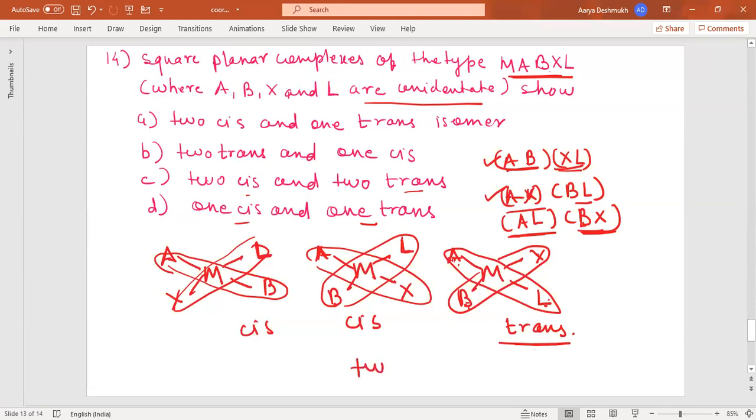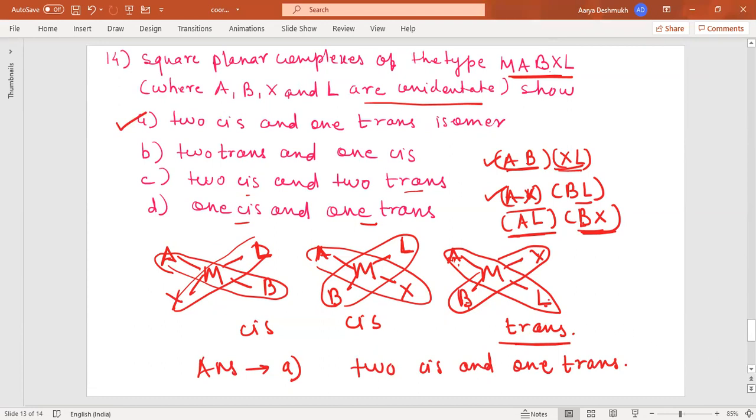Because there are two cis and one trans. So two cis and one trans, and the answer here is A. So this is the way you can solve MCQs based on this.